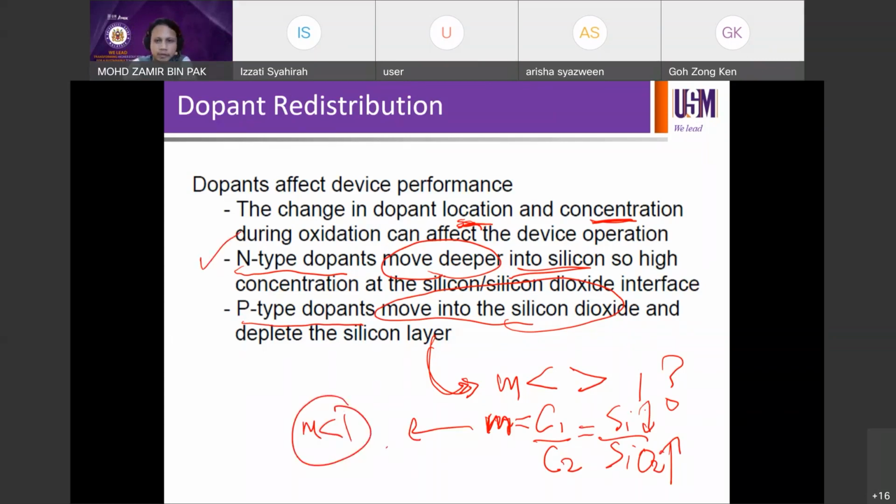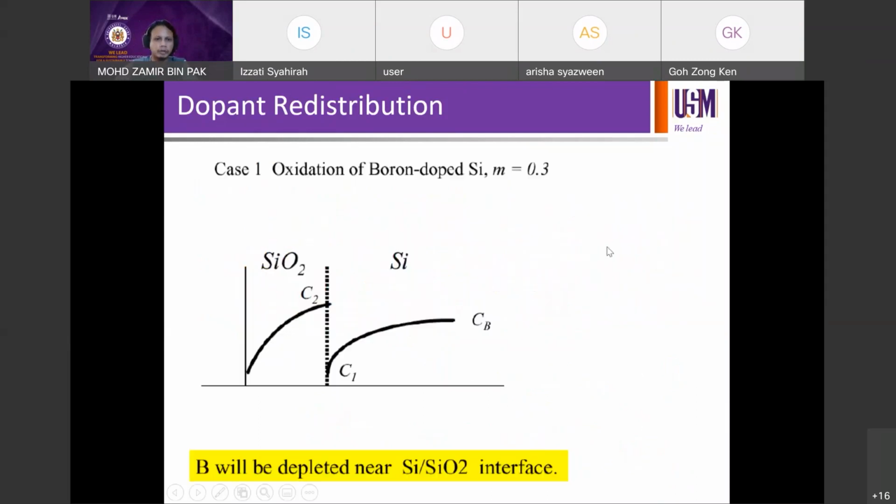So N-type is going to move into silicon, so the tendency is to be more than 1 for N-type. For P-type, the dopants go into the silicon dioxide and deplete the silicon layer, and therefore M is less than 1.